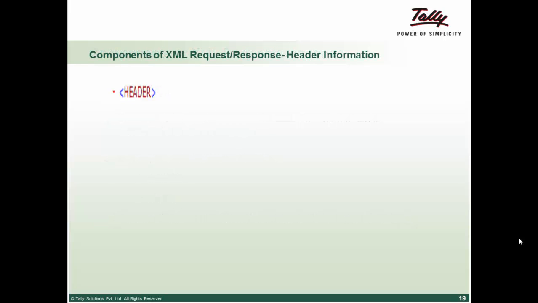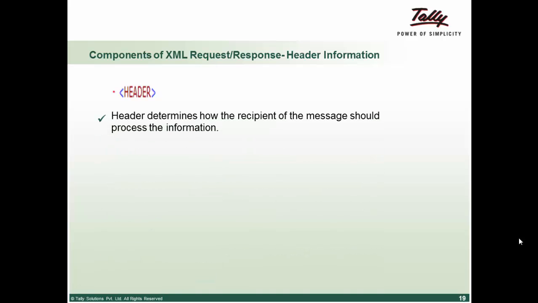The header section will give all identification information to the recipient, such as the authentication, transaction management, payment, and so on. Header determines how the recipient of the message should process the information.